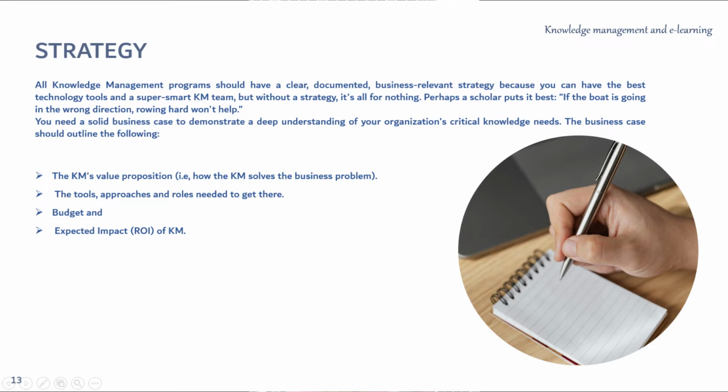You need a solid business case to demonstrate a deep understanding of your organization's critical knowledge needs. The business case should outline the following. Number one, the knowledge management value proposition, that is, how knowledge management solves the business problem. Number two, the tools, approaches, and roles needed to get there. Number three, the budget and the expected impact, that is, the return on investment of knowledge management.